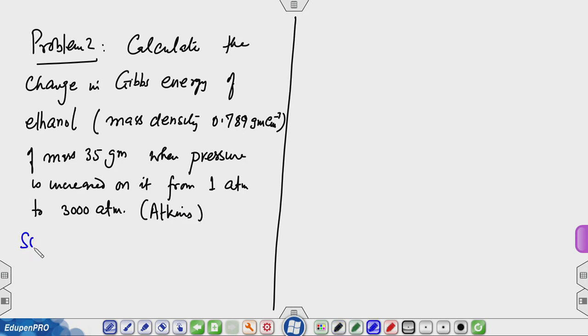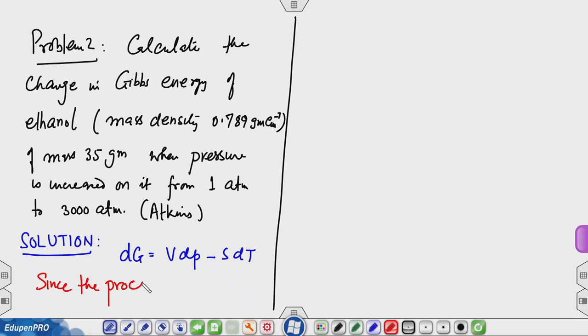And the solution is using the equation for dG, which is V dP minus S dT. And since the process is isothermal, dT is equal to 0. So we are going to calculate dG as V dP.